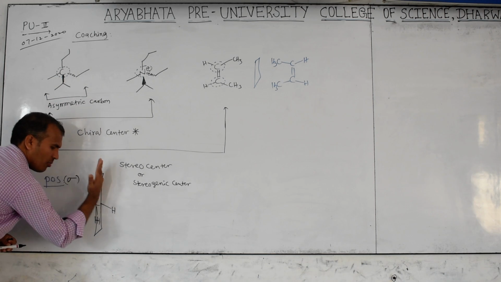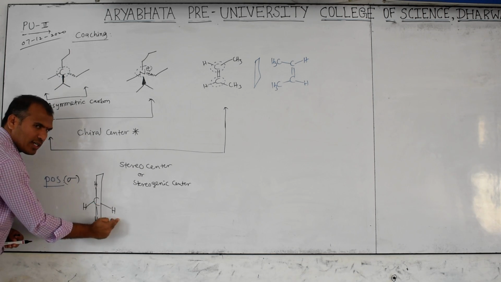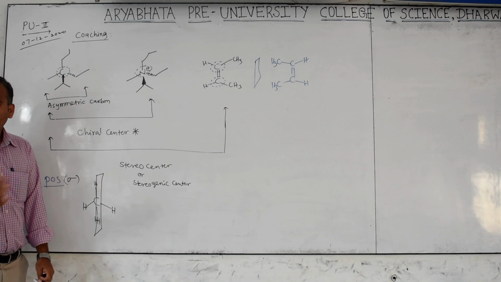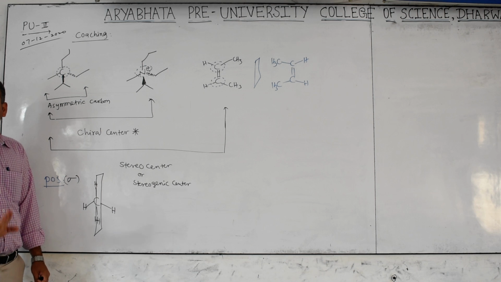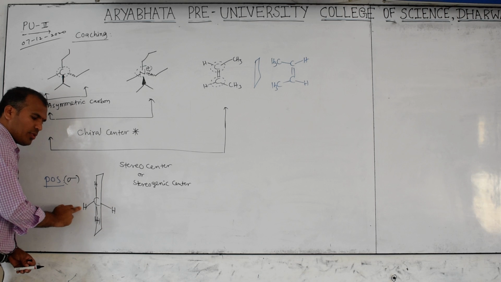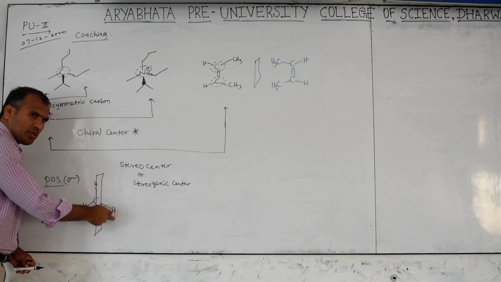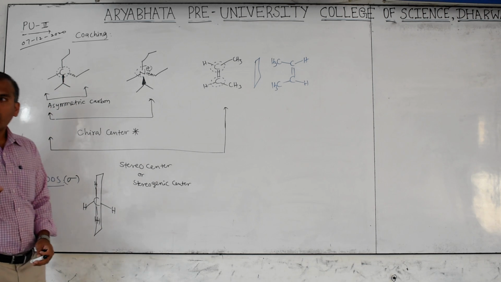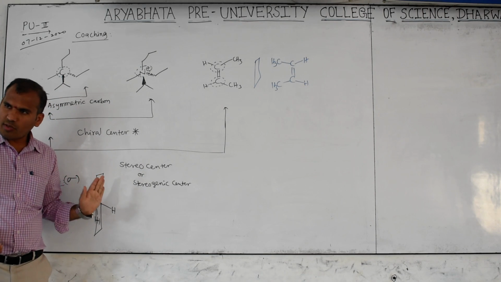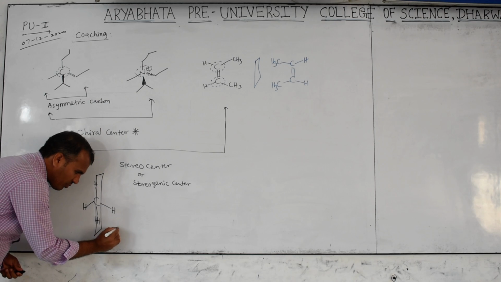Like this I am passing it. Then on this side, this hydrogen half, this carbon half, this hydrogen half. Then are you getting equal halves or not? Equal halves are present and they are mirror images of each other. This hydrogen is the mirror image of this one, and this hydrogen is the mirror image of this one. So they are equal parts and mirror images of each other. Only then is it called a plane of symmetry. Plane of symmetry present, sigma present.